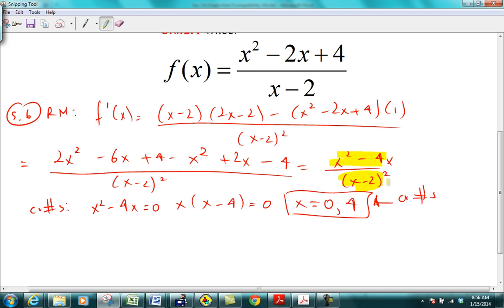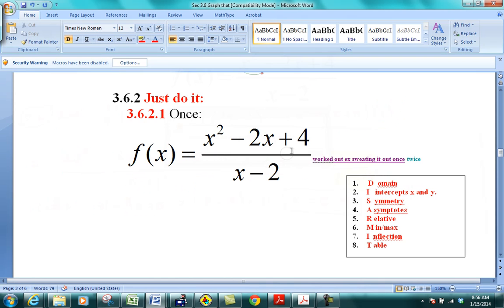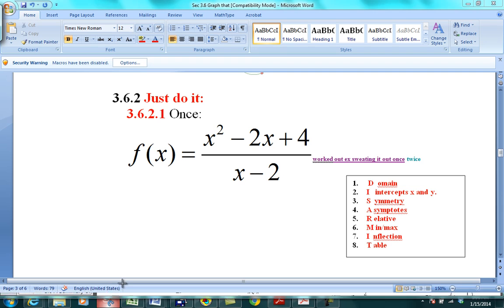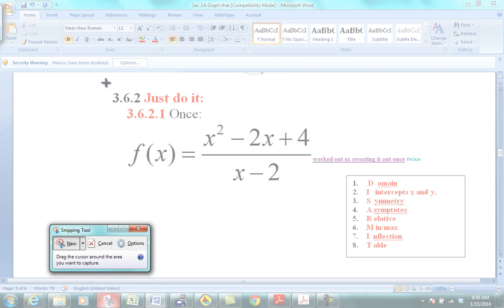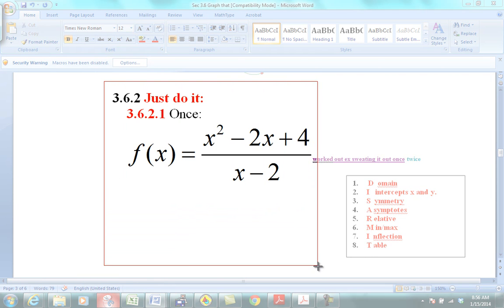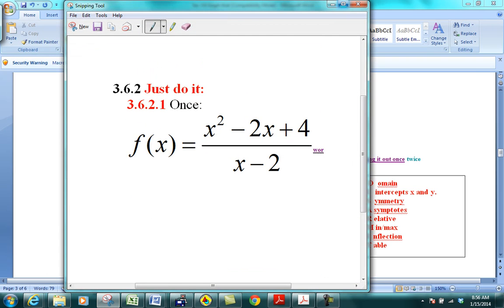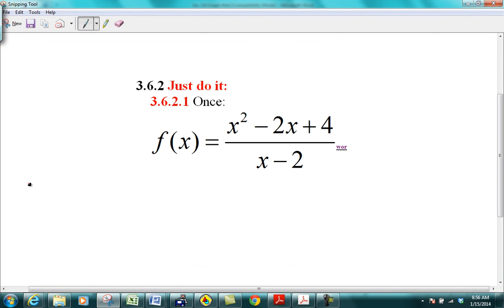I'm going to get a new snip so we can start out from there, and then do the second derivative of that. So my f prime of x was equal to x squared minus 4x all over x minus 2 quantity squared.